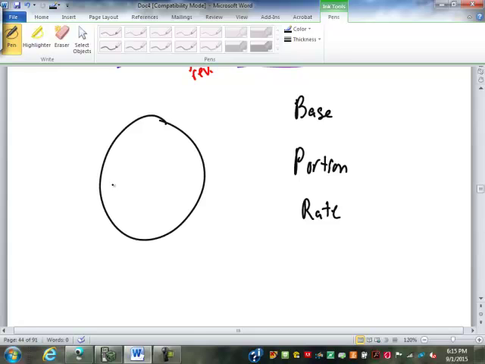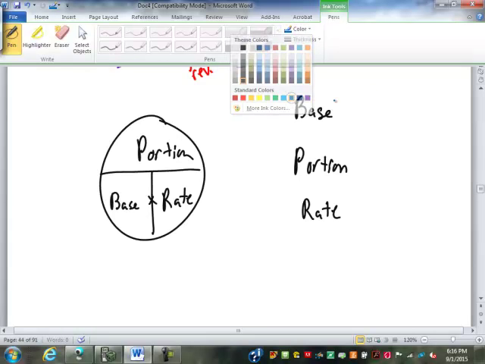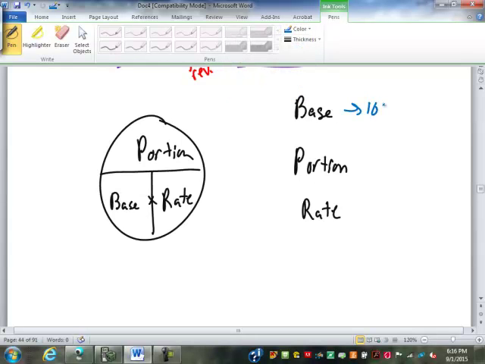And what the book uses is a graphic that looks like this. It has base times rate on bottom and the portion on top. The base is generally whatever represents the 100%. That's that initial amount or that whole amount.